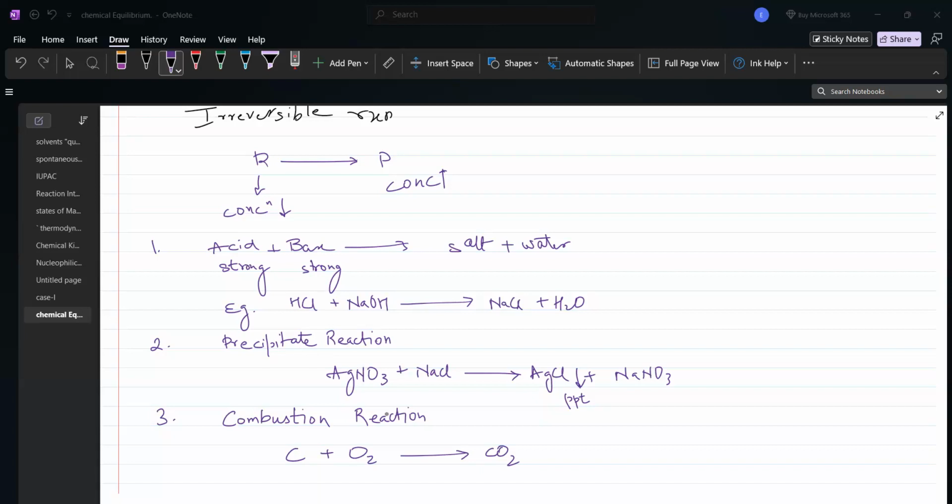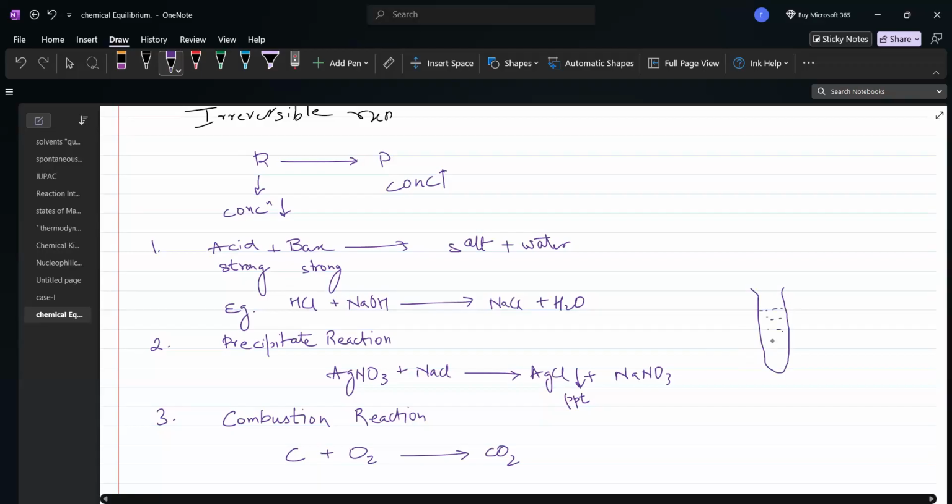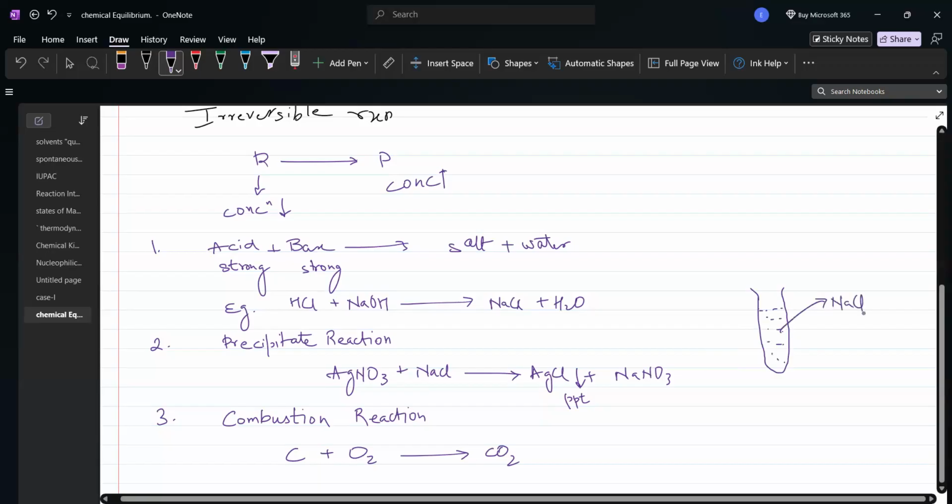Precipitate reaction. Okay. See what will happen. Generally, we do precipitate reaction in a test tube. Okay. So this is a test tube. What we are doing, this is the NaCl solution. Okay. Let's assume this is the NaCl solution. Water, H2O, is always present.